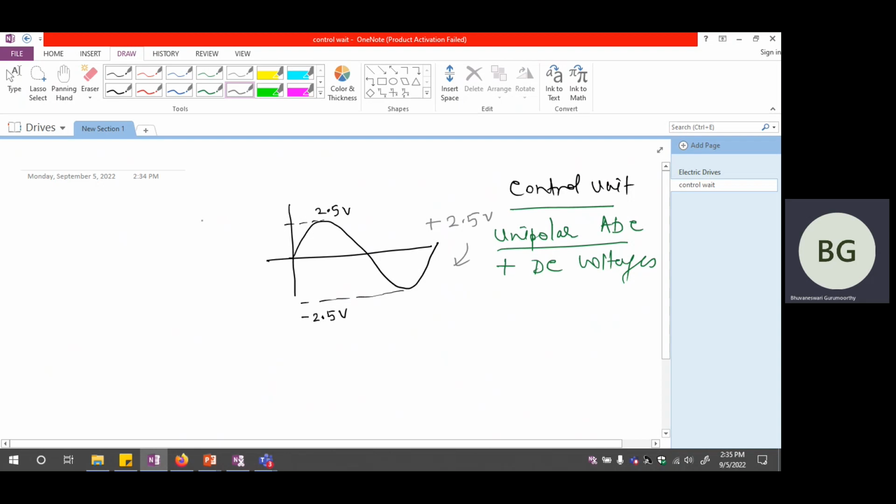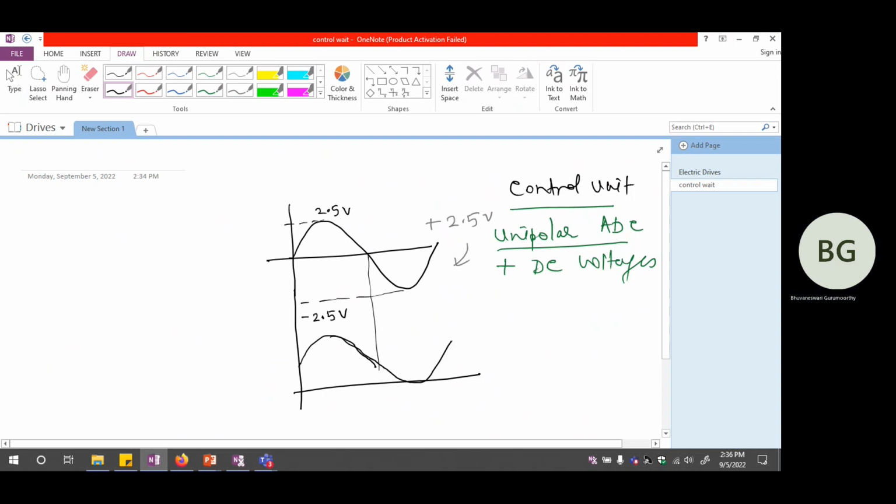Then this entire signal will be modified such that, instead of starting from 0, it will start from 2.5 and come to 0 and then go like this. So the maximum value of voltage will now be 5 volts. This will be 2.5 volts. And what was minus 2.5 earlier will be 0 volt.